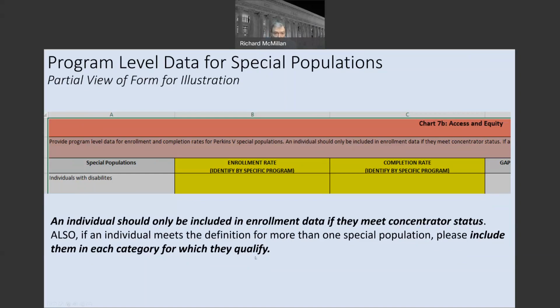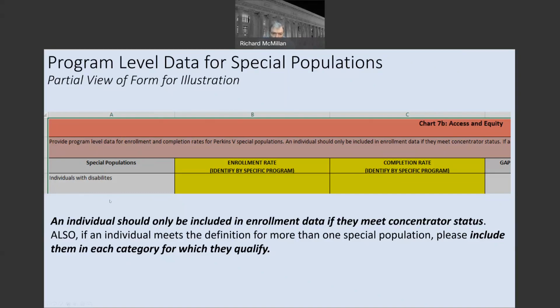Notice that it is an Excel spreadsheet. You can see that by the columns with the A and the B and the C at the top. Note that the special populations are at the left, listed first with individuals with disabilities. Of course, keep in mind this is a partial view of the form, just a little snapshot of a tiny part of the form for illustration purposes only.